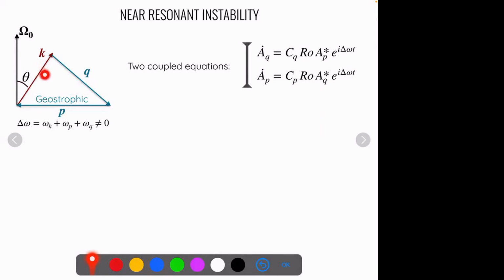With K imposed, we can derive the amplitude equations of the mode P, which is geostrophic, and the mode Q, which closes the triad.